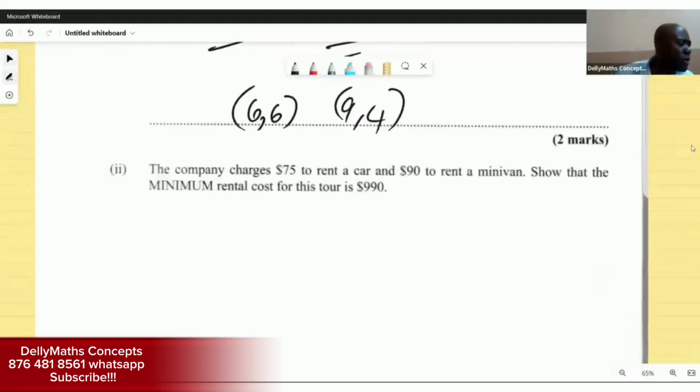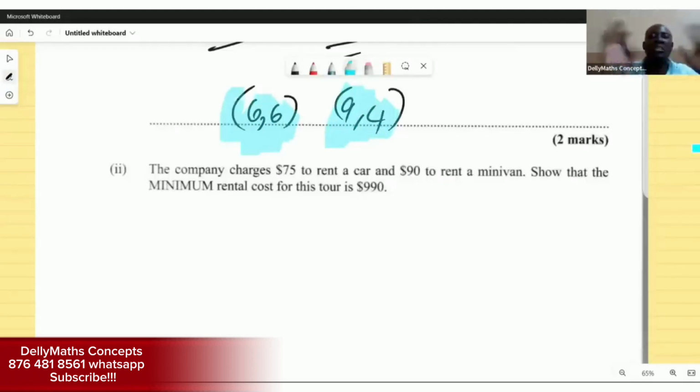Let's jump on to the other question. It says the company charges $75 to rent a car and $90 to rent a minivan. Show that the minimum rental cost for this tour is $990.